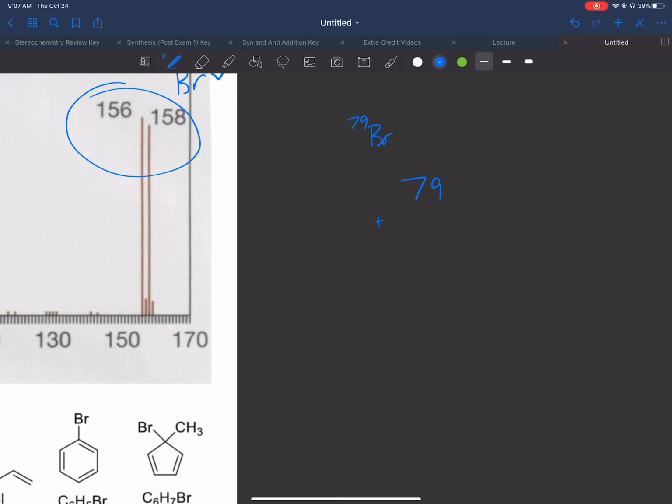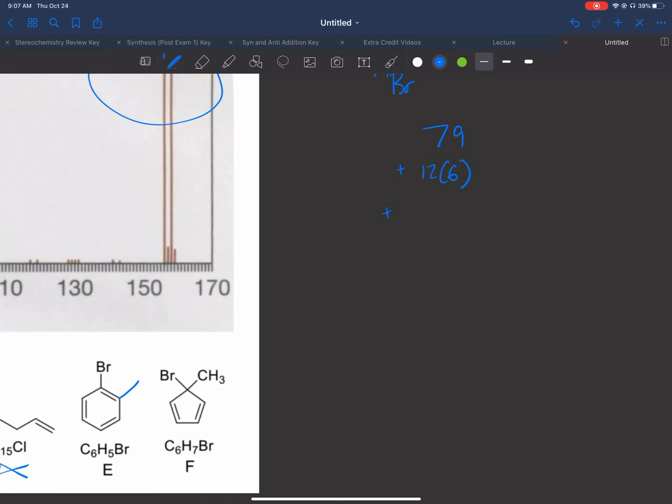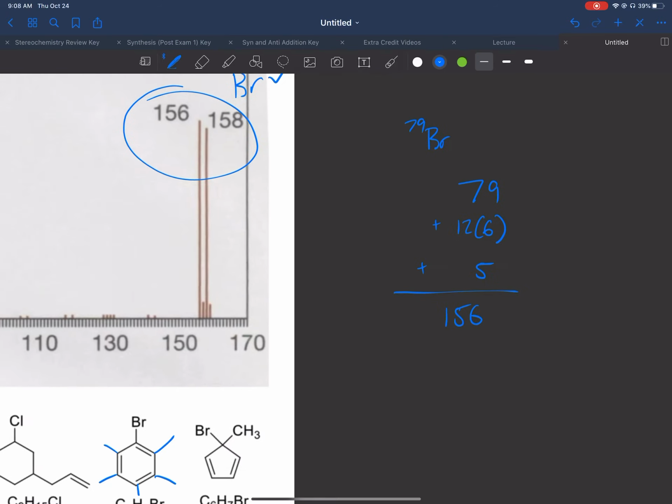It's going to be 79 plus 6 carbons, which weigh a mass of 12, so 12 times 6, plus the hydrogens, so we have 1, 2, 3, 4, 5, and they weigh 1 each, so plus 5. So 79 plus 12 times 6 plus 5, we get 156. Look, we got that perfectly, 156.